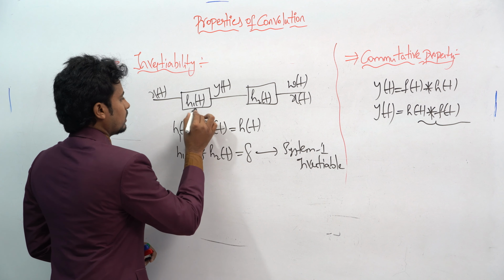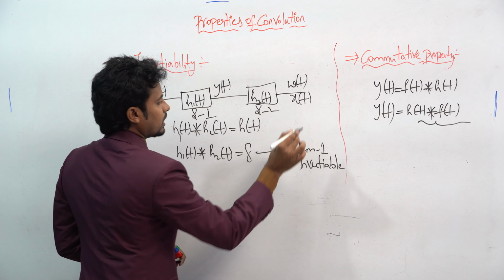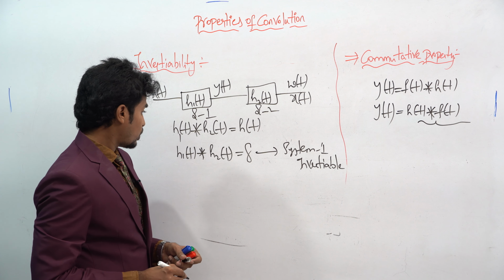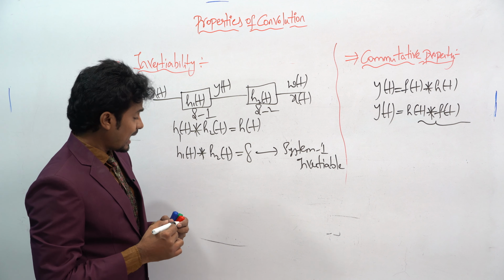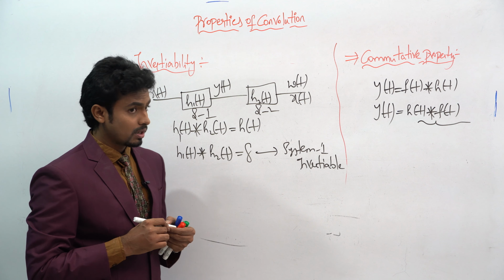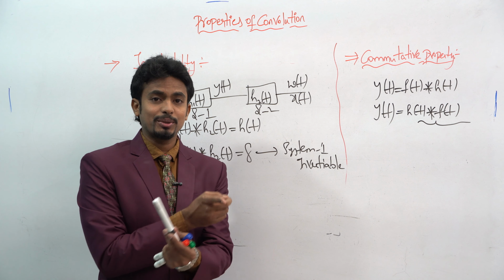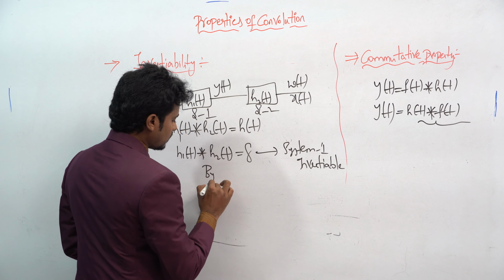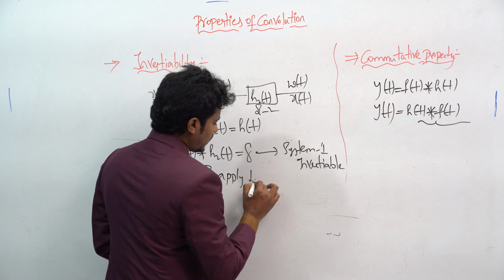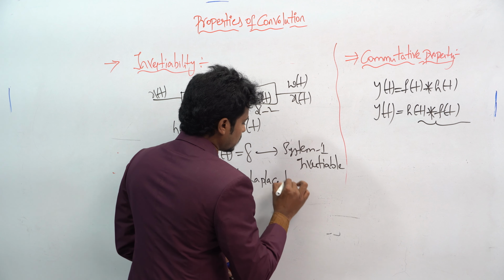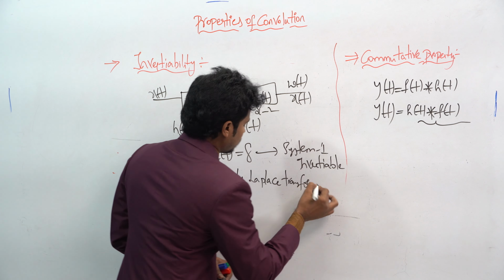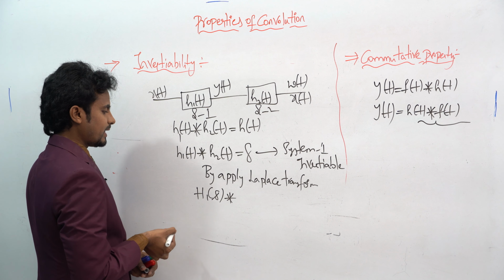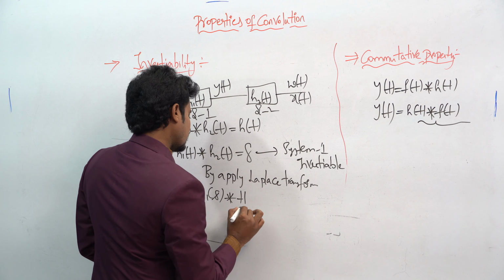So here, if you take this to be system 1 and this to be system 2, in the general case that will be very easy for us. For example, if you apply the Laplace transform on both sides, what will happen? If you apply the Laplace transform, t is replaced with s, right? So h1 of s convolved with, for example, if I take this to be some hi of s.